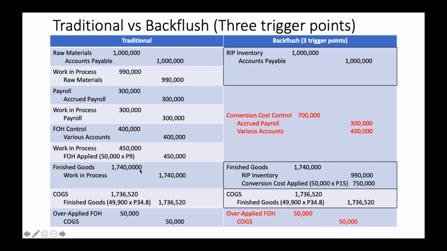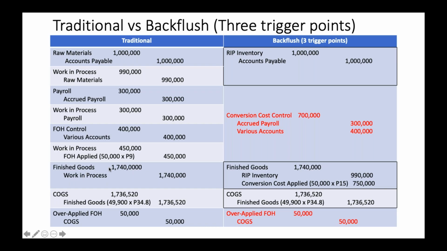And then we finished 50,000 units, debit finished goods 1,740,000 and credit work in process 1,740,000.